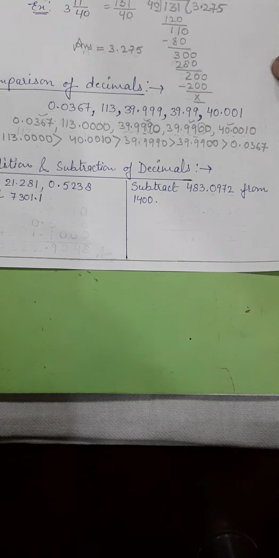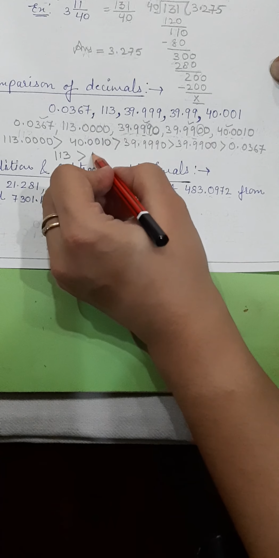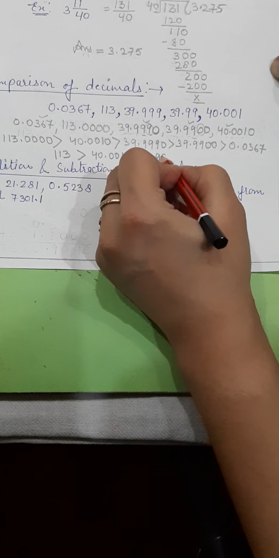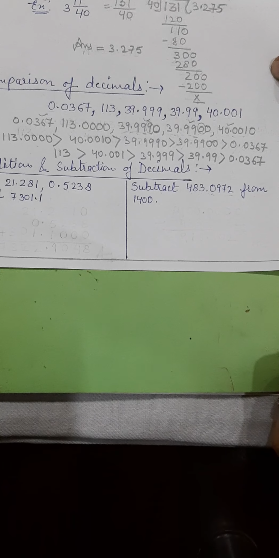So 113 is greater than 40.001, greater than 39.999, greater than 39.99. Clear? And the smallest one is 0.0367. Clear? This is the answer.